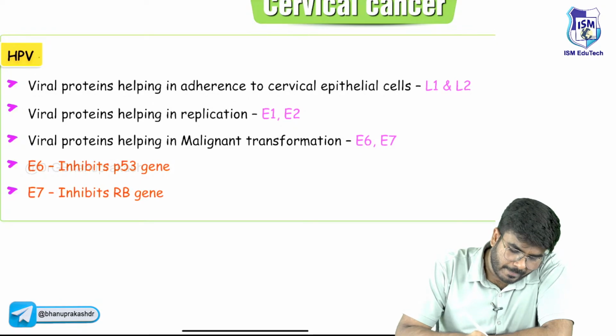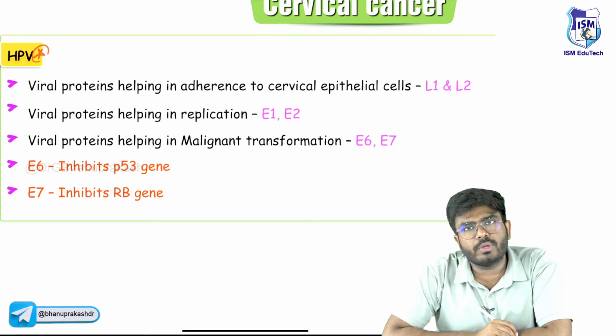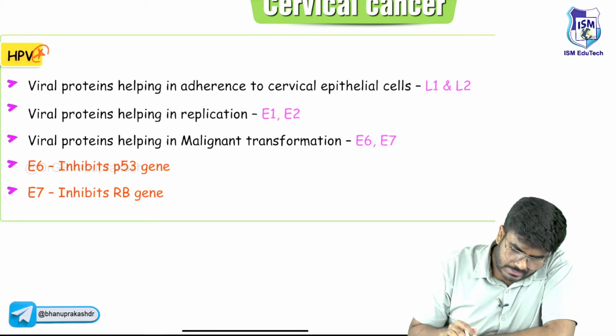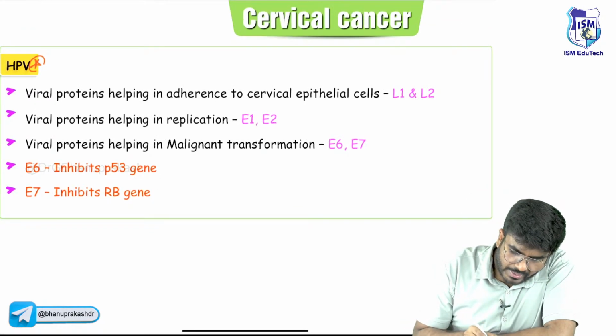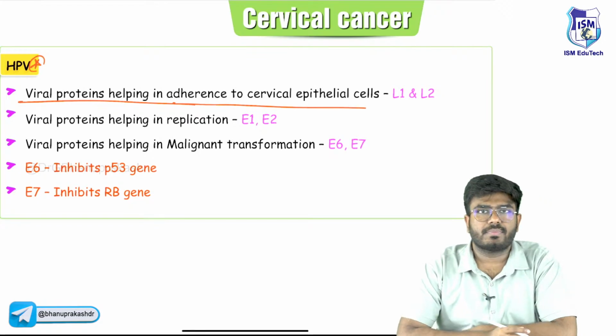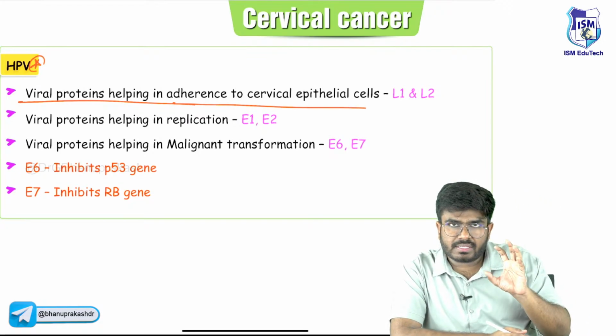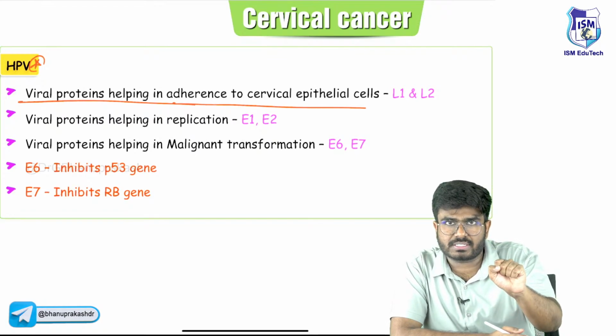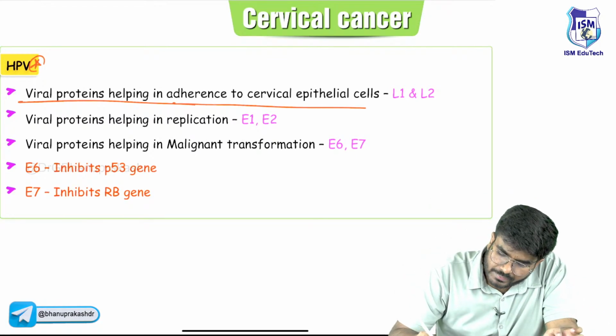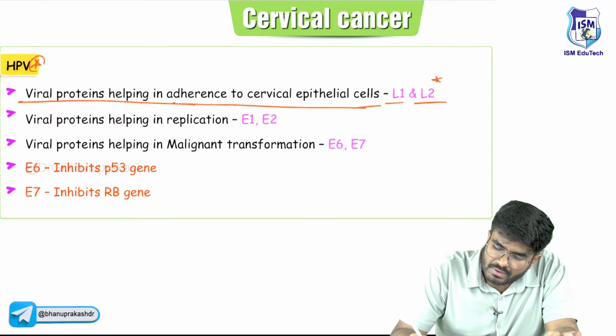Now some important points. Why does HPV cause cancer? Let me tell you one by one some important points you need to know for your exams. Viral proteins help in adherence and attachment. Once the virus enters the body, it has to latch onto the cells. For attachment, it has two important proteins, L1 and L2.